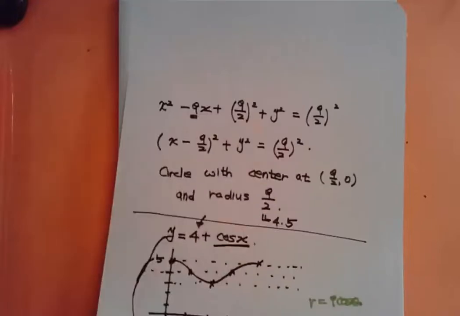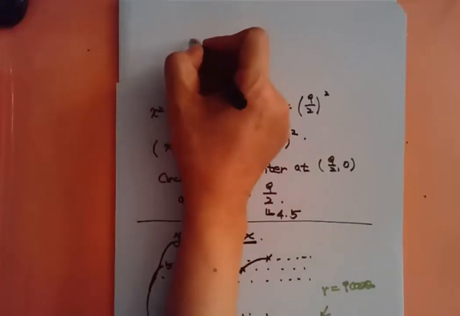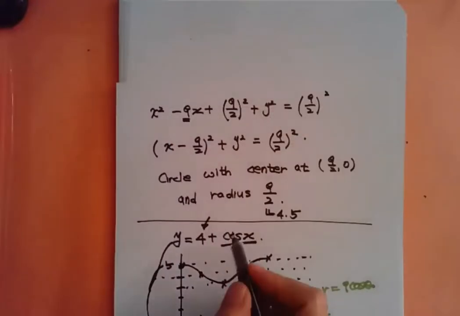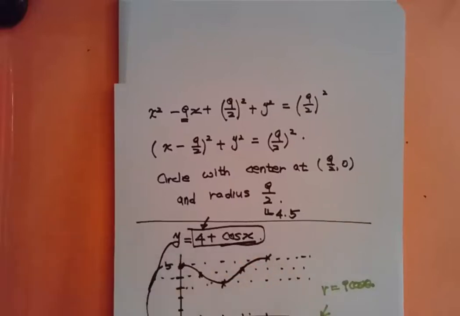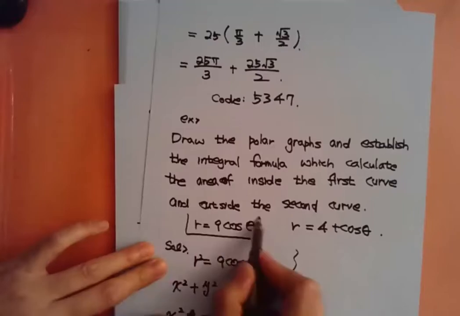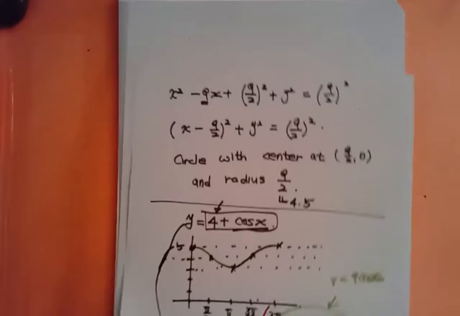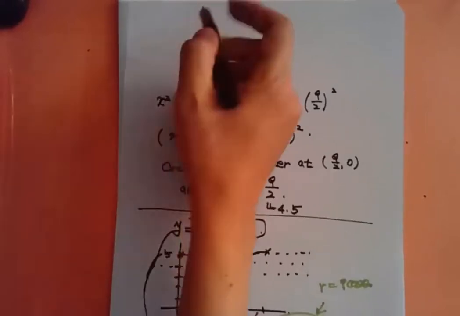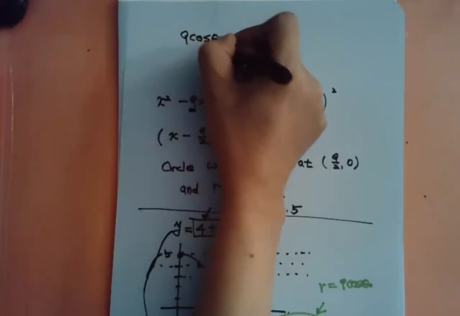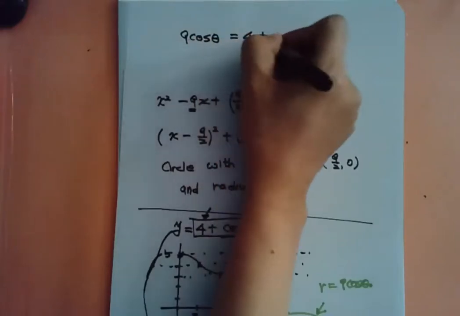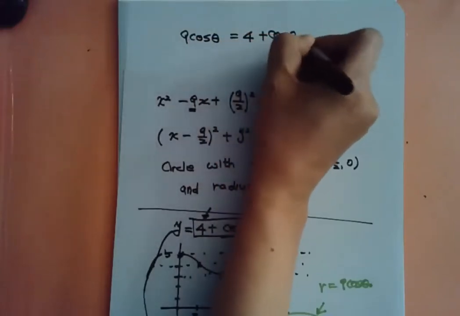So let's actually calculate. We will make this part and this part the same. Then that'll be 9 cosine of theta equals 4 plus cosine of theta.